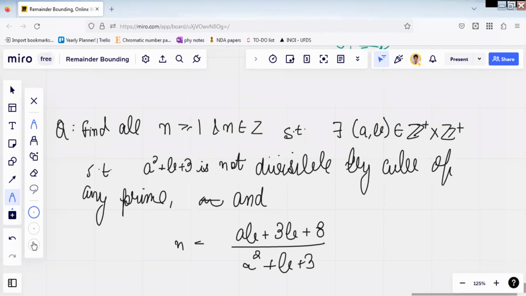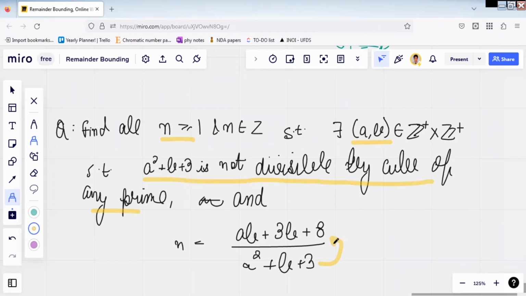Okay, so the problem is saying that we have to find all n greater than or equal to 1, like all positive integers, such that there exist a comma b such that a square plus b plus 3 is not divisible by the cube of any prime, and n is of the form ab plus 3b plus 8 divided by a square plus b plus 3.